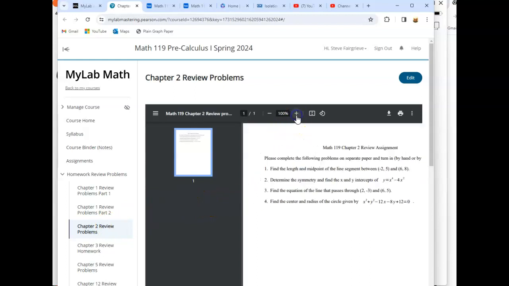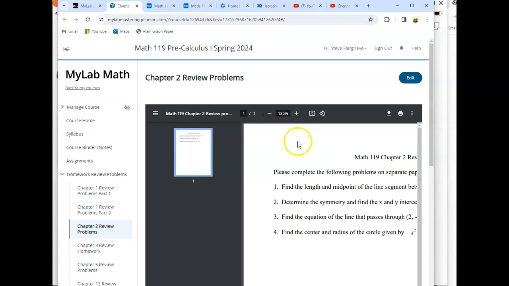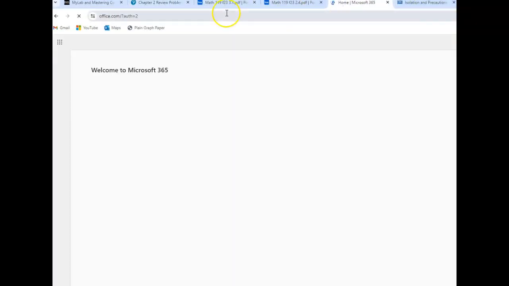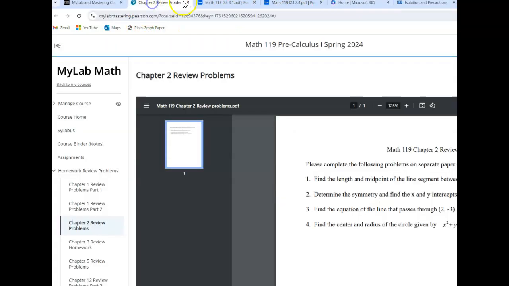So remember, those 4 problems you can find again on MyMathLab, where you're finding the length and midpoint, determining the symmetry, finding the equation of the line, and this problem with a circle as well. So again, check those out.